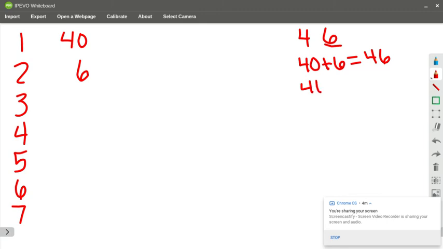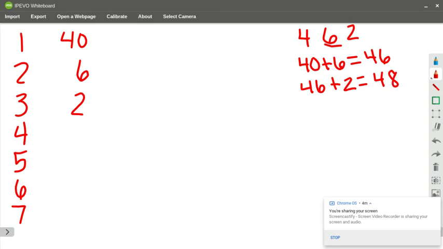I'm going to go ahead and write 46 right here so that I can add the next number that I roll. The next number I roll is a 2. Well, I'm still only on my 3rd roll, so I really don't want to take that into 20. I'm going to just make that into a 2. So 46 plus 2 is going to give me the answer 48.